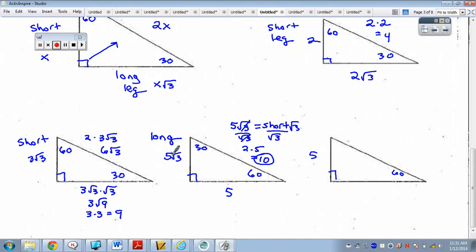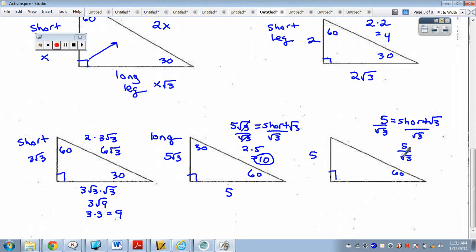Okay, but this problem was a little bit easier because the long leg had already included root 3 with it. Let's look at this example where, again, this is my long leg because it's across from the 60, and it doesn't have a radical involved. So I know that 5 should be equal to the short leg multiplied by radical 3. If I'm looking for the short leg, I divide both sides again by root 3, so I'm left with 5 divided by root 3 as the short leg.